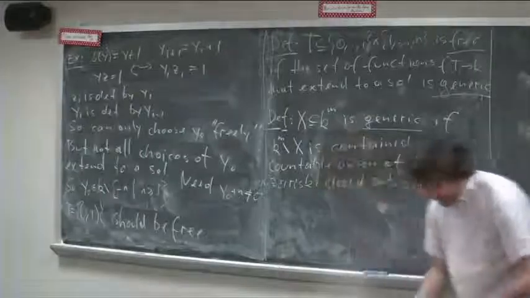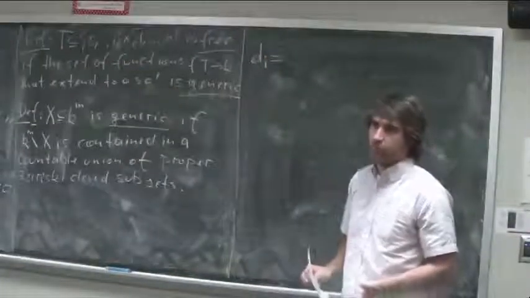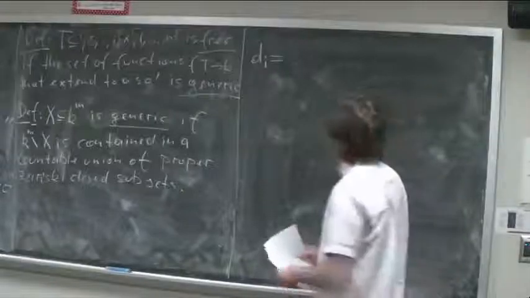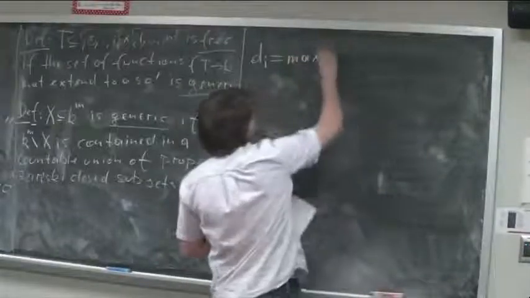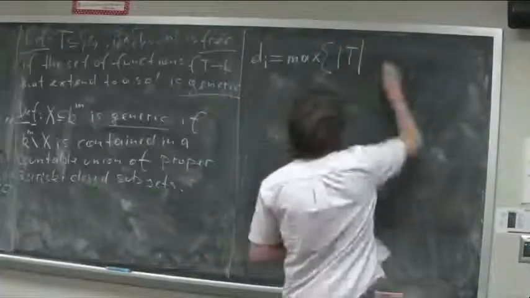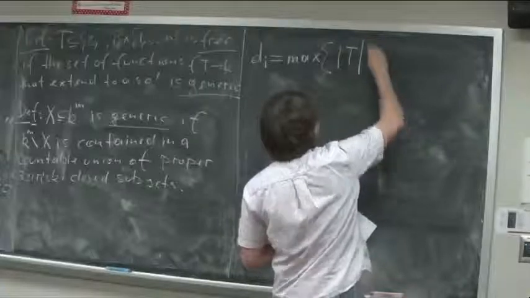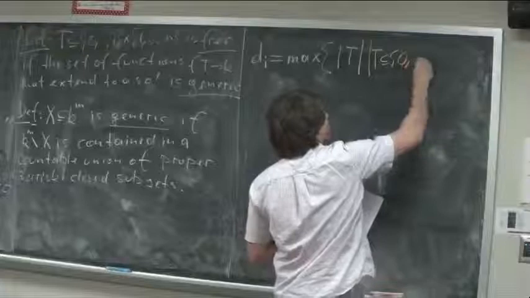Yeah. Okay. So now with this definition, we can really make precise what we mean by the degrees of freedom up to a given order, and what we mean is the maximal cardinality of any set which is free.